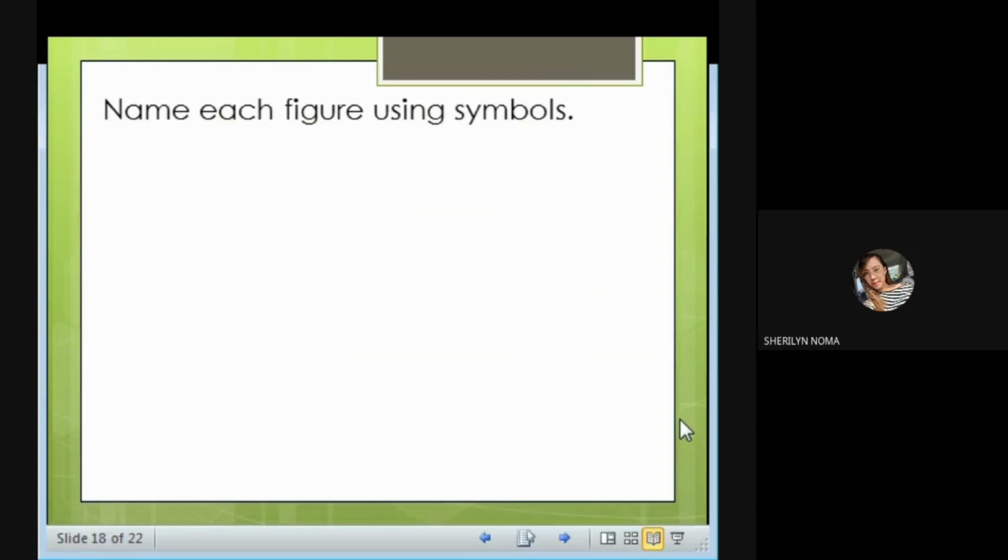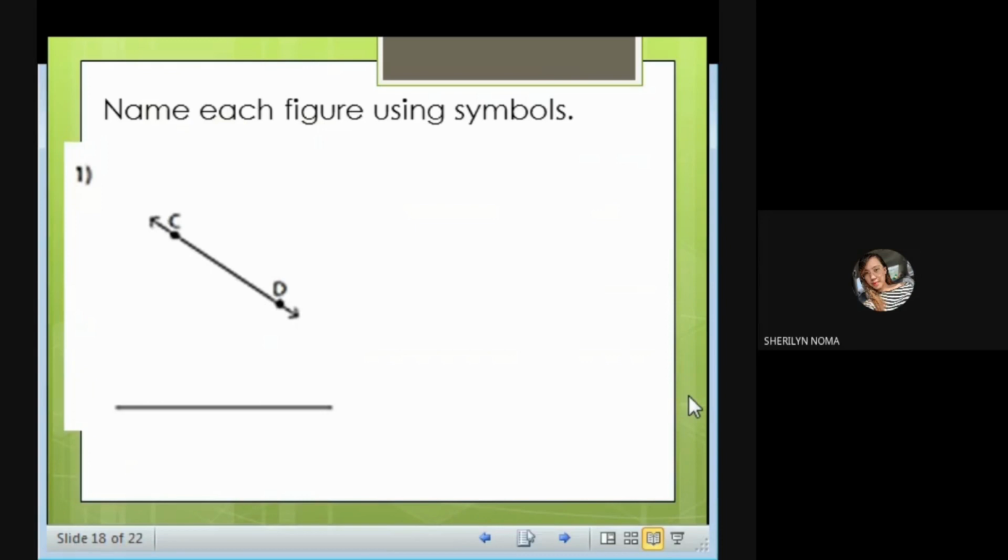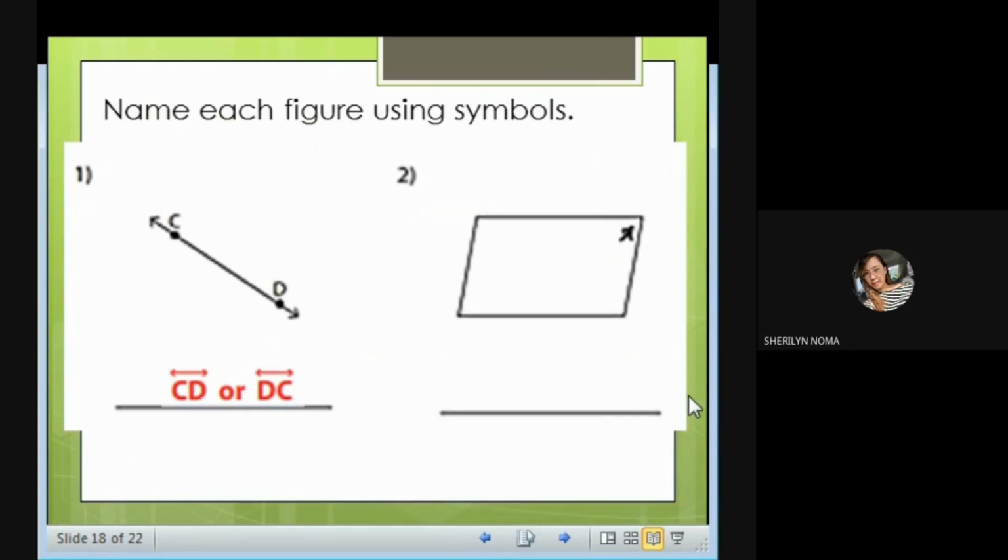Okay, now let us name each figure using symbols. Number 1, how will you name this figure? We can name this figure as line CD or line DC. Number 2, how will you name this figure?